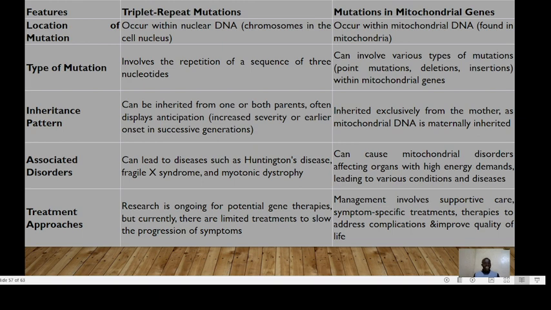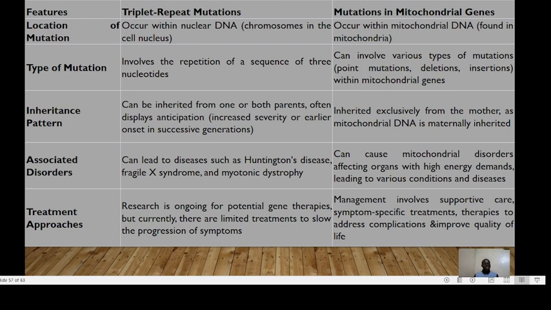When you look at the inheritance patterns, triplet repeat mutation can be inherited from one or both parents, often displaying anticipation, that's increased severity or earlier onset in successive generations. While the mutations in mitochondrial genes are inherited exclusively from the mother, as the mitochondrial DNA is maternally inherited.